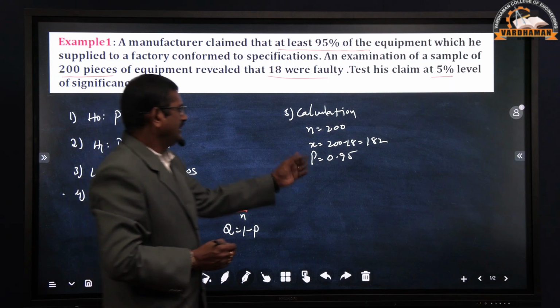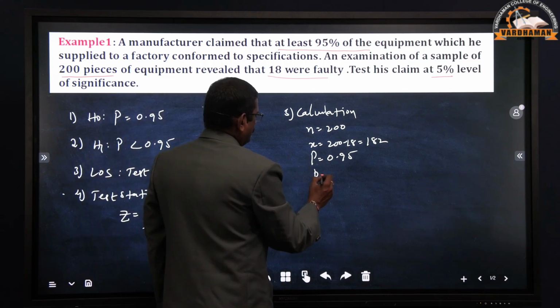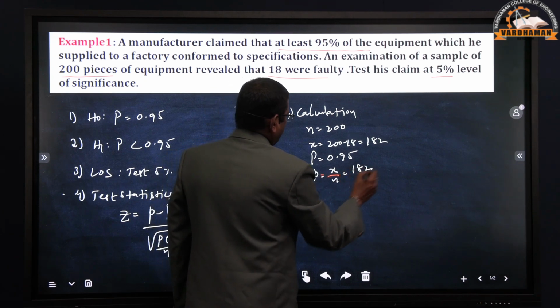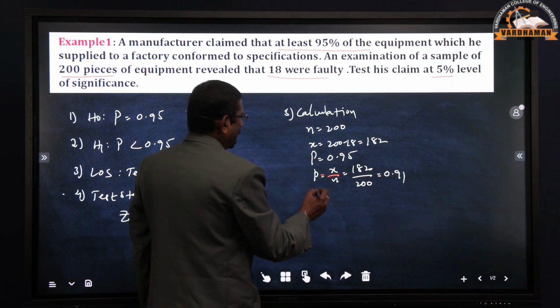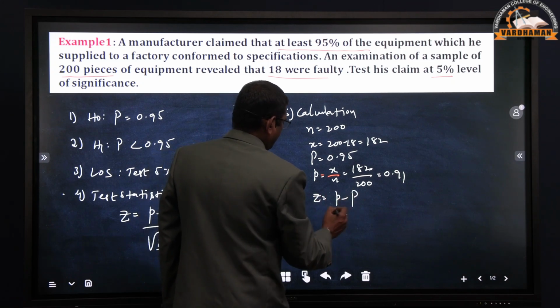So even x also we should consider as a good proportion. So small p is equal to x by n, that is 182 divided by 200, so that is 0.91.